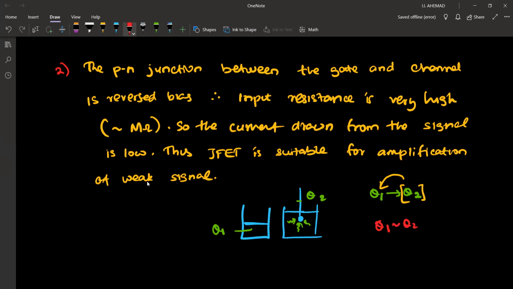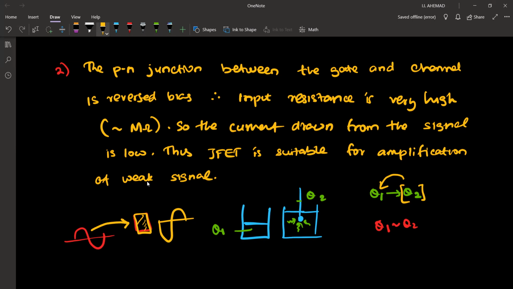Just like that, now you are going to amplify the signal. If the transistor draws current from this signal, that means it is using a portion of the signal and then amplifying the remaining. But if the transistor draws a very small current and amplifies, then that amplifier is much better.